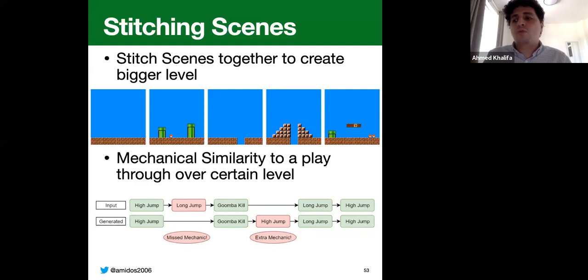For example, we want to generate a new level that plays in the same manner as one of the original levels. So what we do is we make the A-star agent play both levels, and then we record what mechanics happen in each playthrough, and then we try to compare them using a string comparison or whatever, and then identify which mechanics it missed and didn't do, and which other mechanics were extra and need to be removed. And our optimization algorithm can just work on minimizing this.